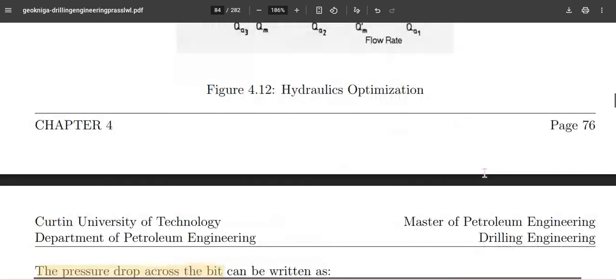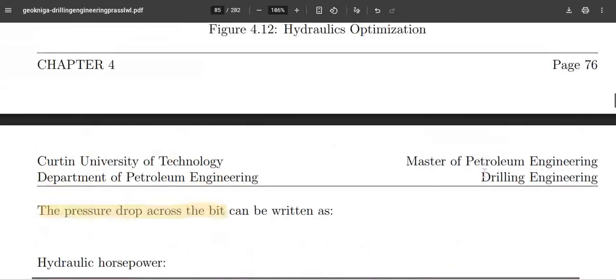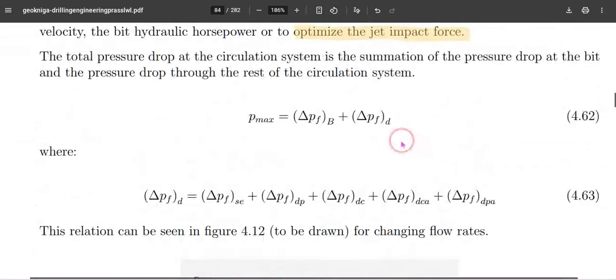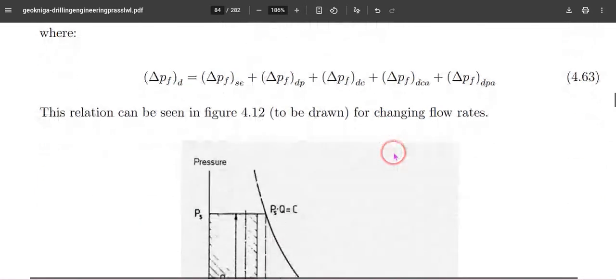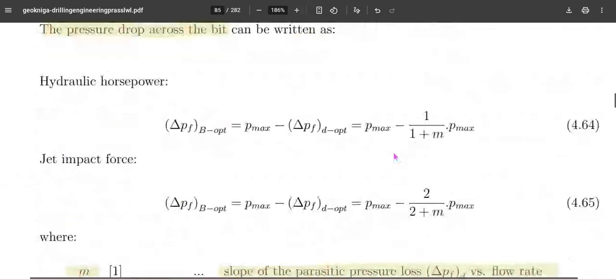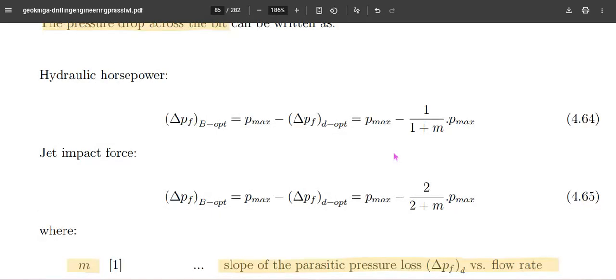Once this has been segregated as delta P_f, then we can compute the optimal drill bit pressure drop. Once the pressure drop across these other equipment is computed, and we have the maximum pressure, then we can compute the optimal pressure drop across the drill bit.